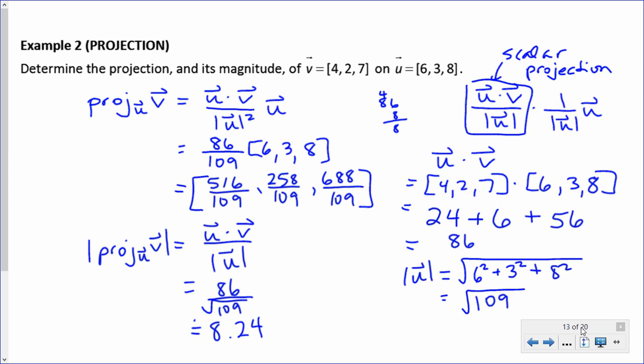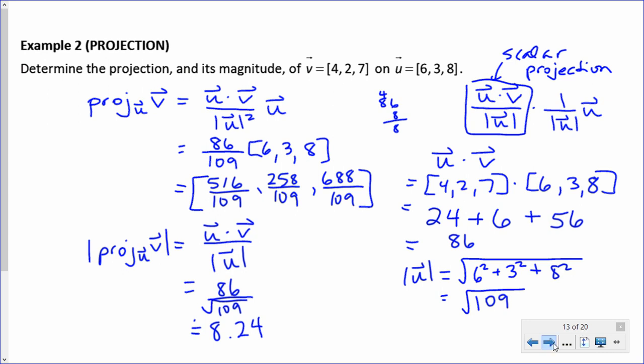But you guys get that if you did the square root of 516 over 109 squared plus 258 over 109 squared plus 688 over 109 squared, and then you add them up with the square root of the whole thing, you get 8.24. I actually did that the other way in the other two classes. I'm being different with you guys. Either or. Okay? There's vector projections.